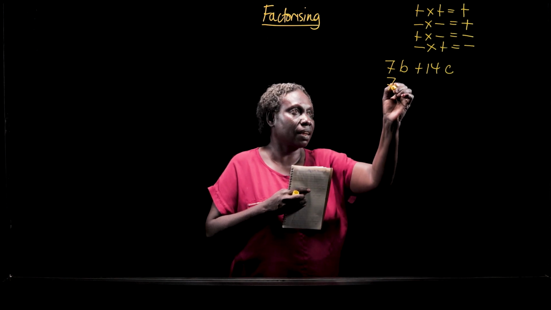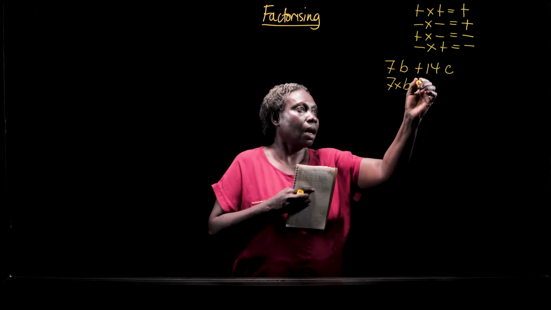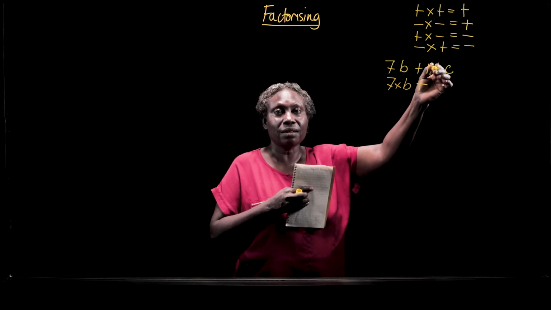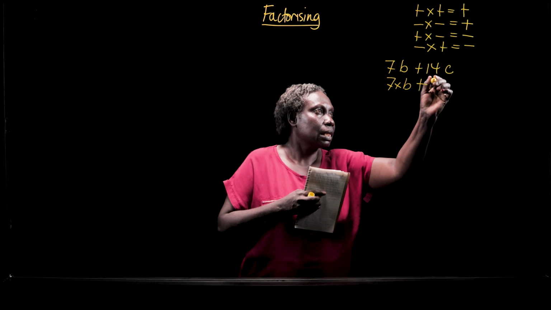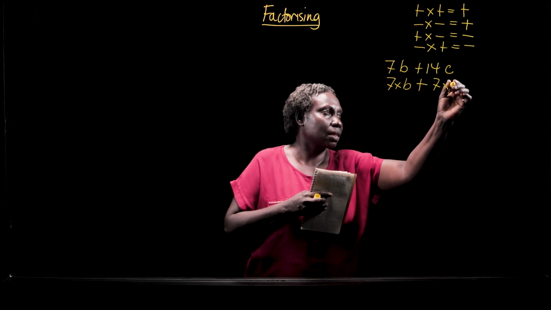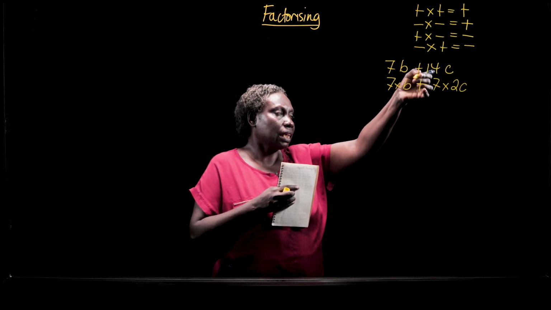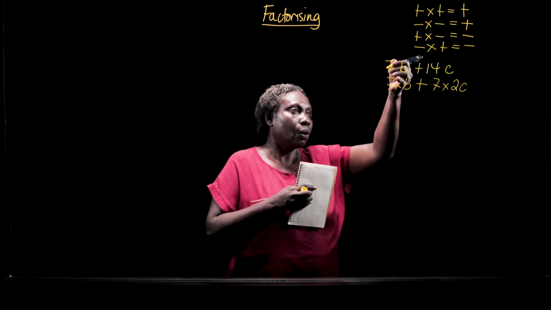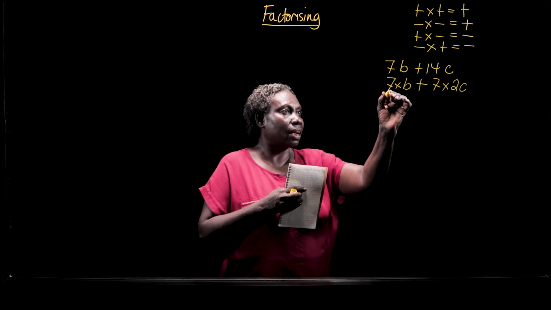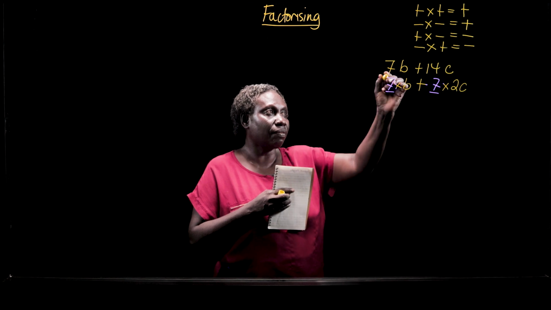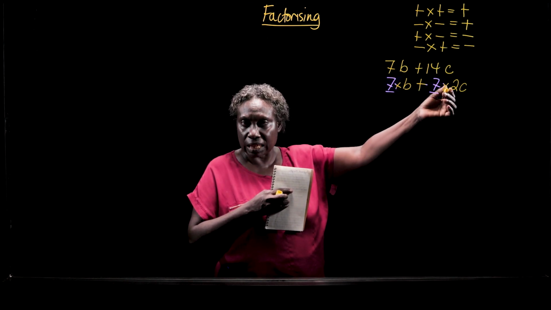Okay, we have 7 times b plus, what are the factors of 14c? That's 7 times 2c. Now, if we look at this expression here, we can see that 7 is common to both terms 7b and 14c.